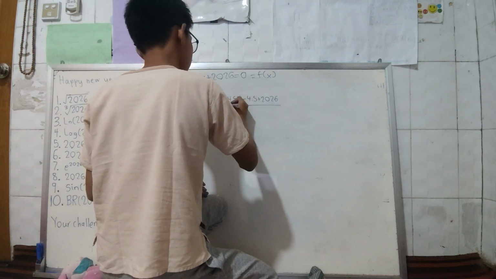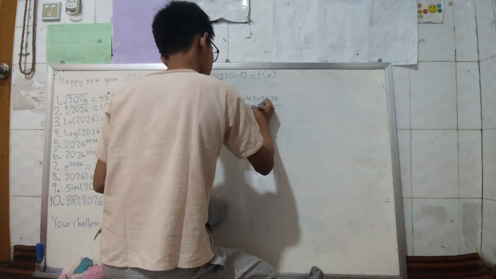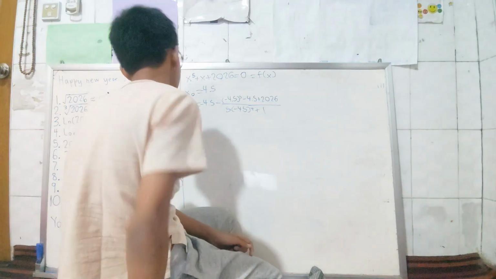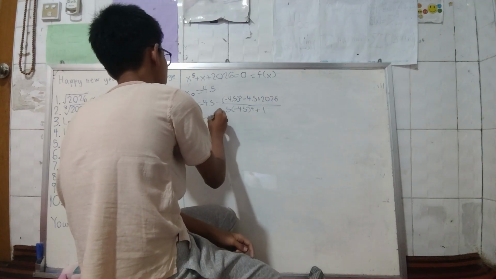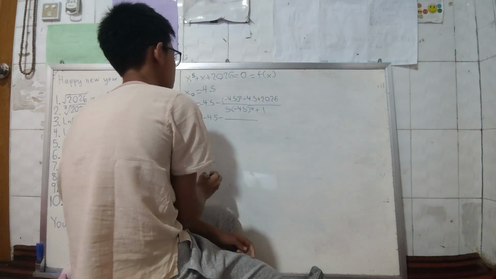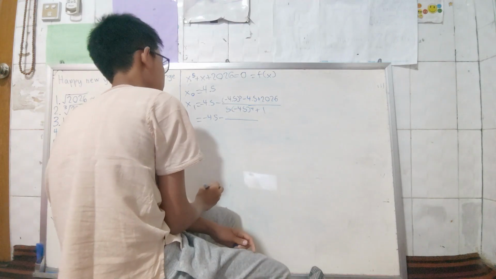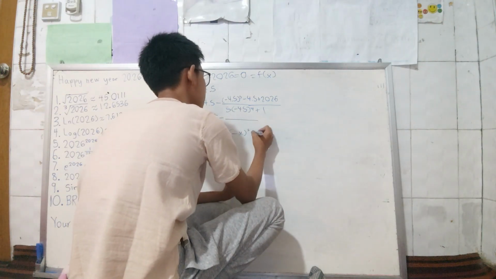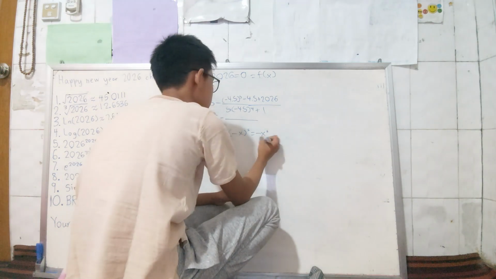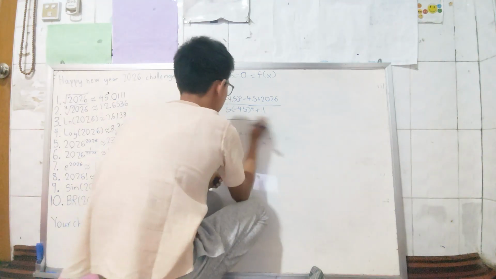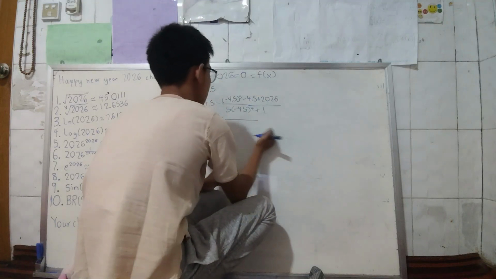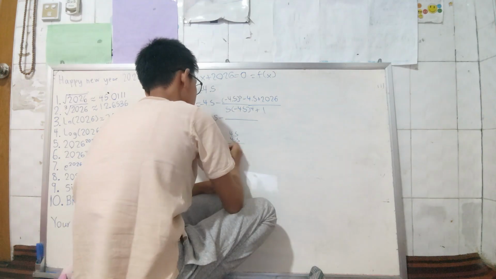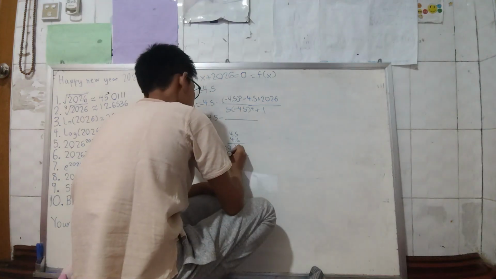Let's just compute x to the fifth first. So we're gonna compute 4.5 to the fifth and then negate it. 4.5 times 4.5 is 20.25.